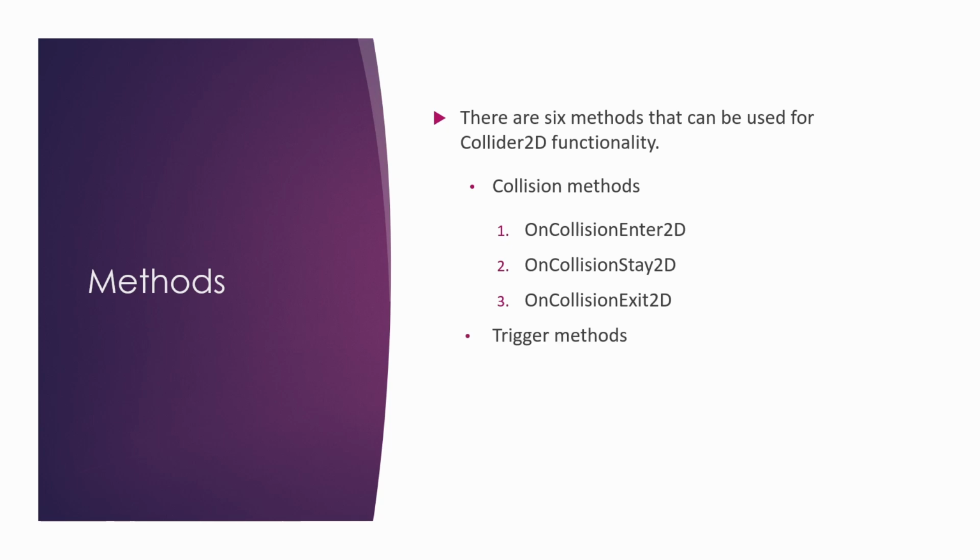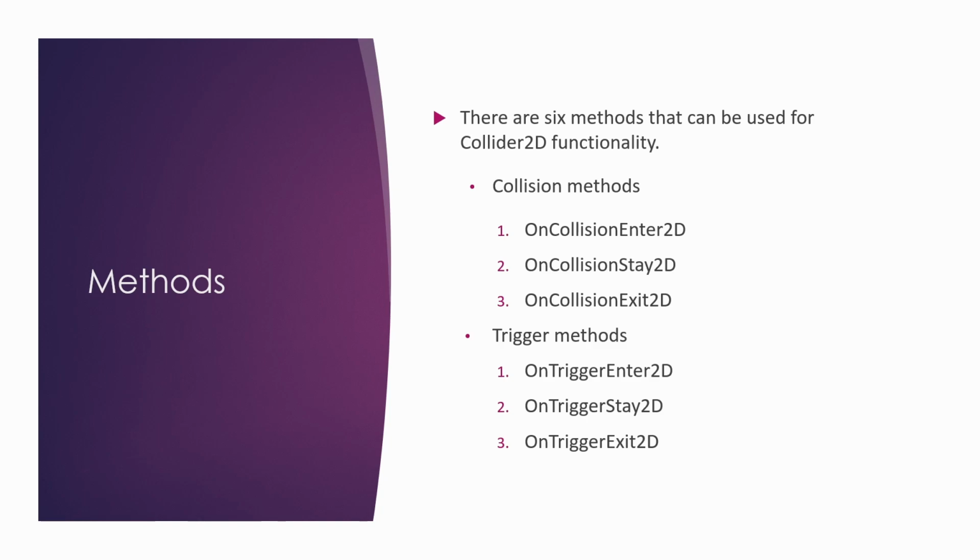Next up, we have the trigger methods, with them being much like the collision methods: onTriggerEnter2D, onTriggerStay2D, and onTriggerExit2D. These 3 methods use the Collider2D parameter, so don't get it mixed up with the Collision2D parameter.